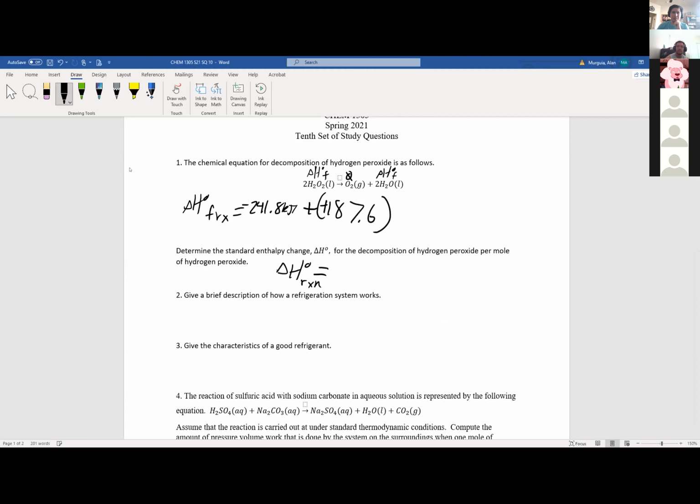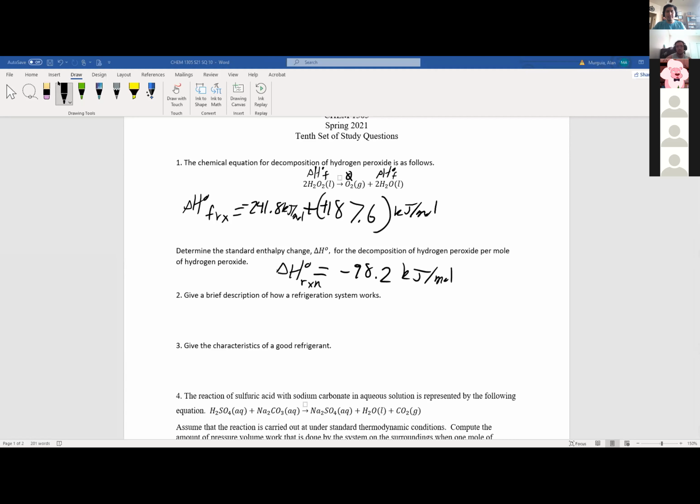Here, this is all kilojoules per mole. Let's see, we have negative 98.2 kilojoules per mole. Does anyone disagree or agree about what Juan Andres got? I'll take that silence as a no, so everyone agrees.